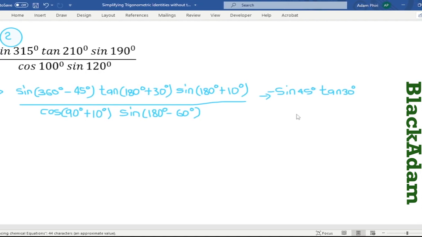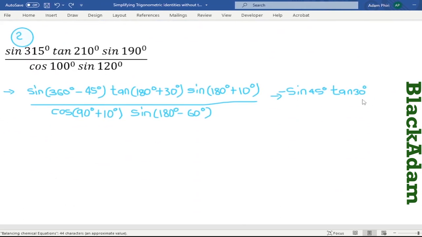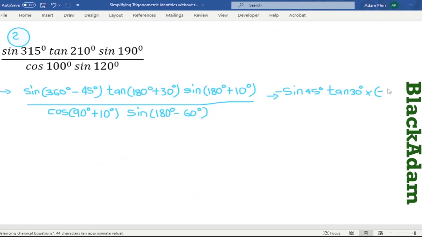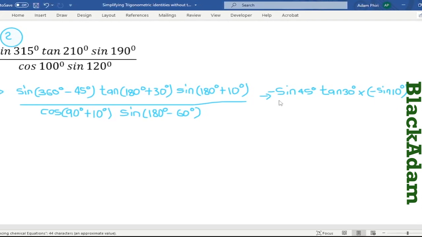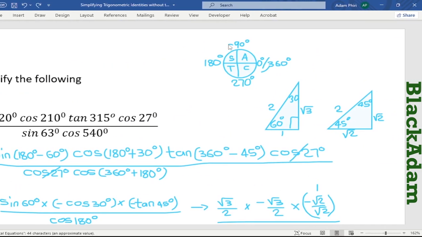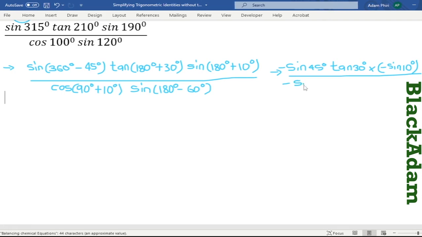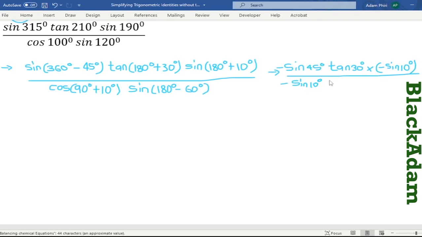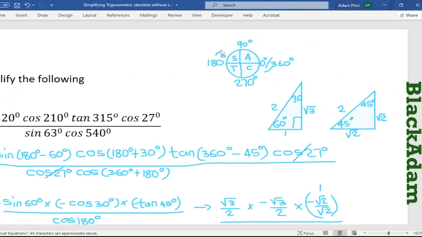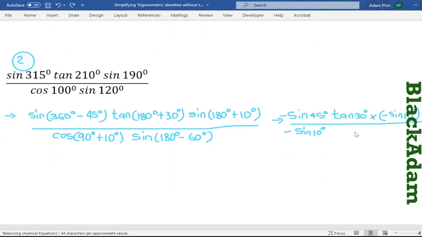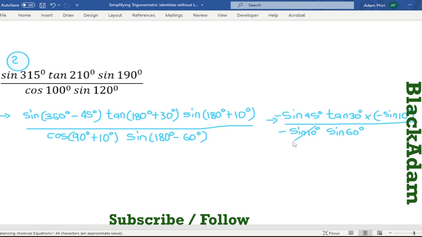And then we need to multiply that by sine 180 plus, for sine that would be negative, so negative sine 10 degrees. And then we are done with the numerator. Denominator: cos 90 plus, for cos that will be negative, then it changes from cos to sine 10 degrees. And then sine 180 minus, sine is positive there, so that will be sine 60 degrees.